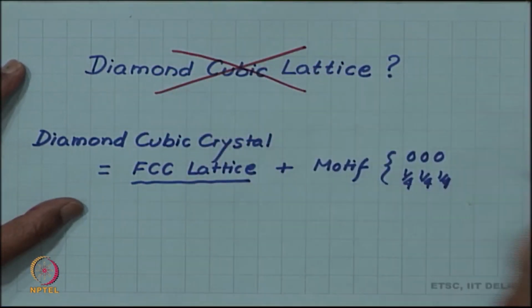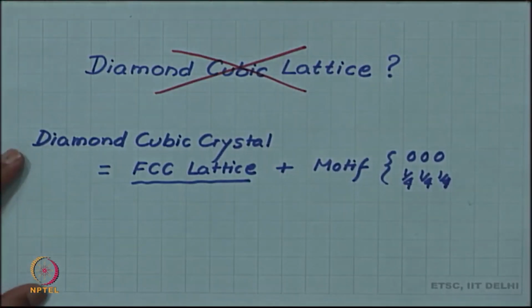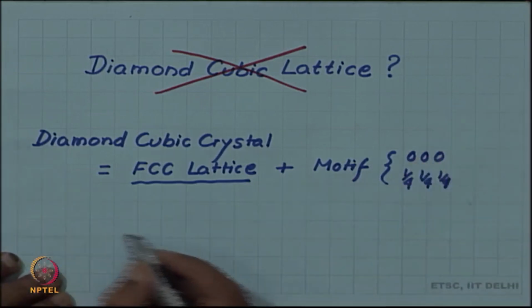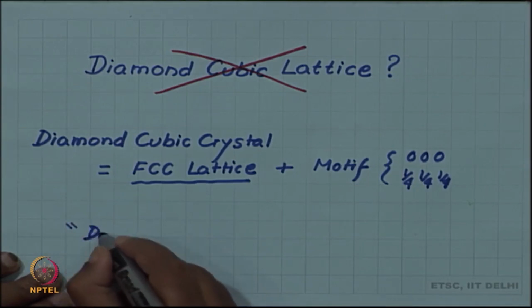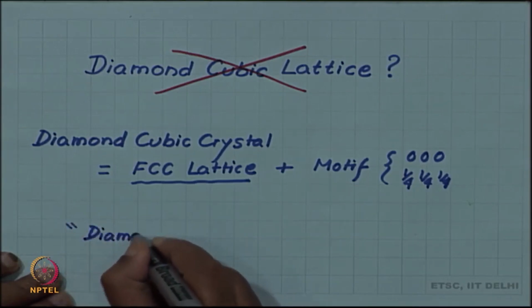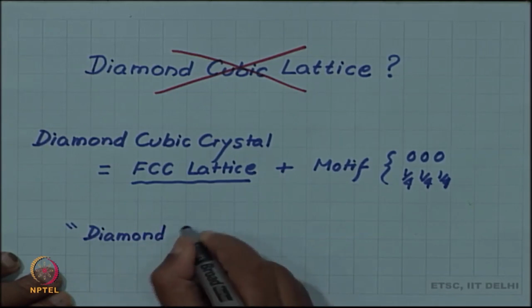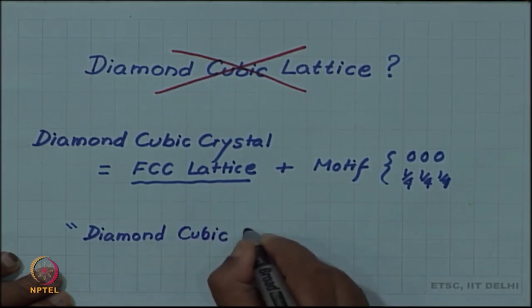I trust that after this video you will not be using this incorrect phrase diamond cubic lattice, which is quite common on the internet. Please do this exercise: do an exact phrase search for diamond cubic lattice on Google.